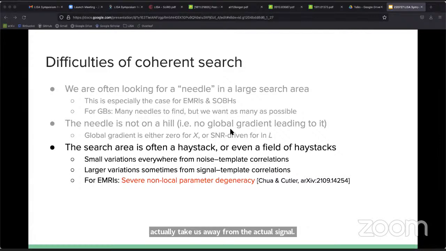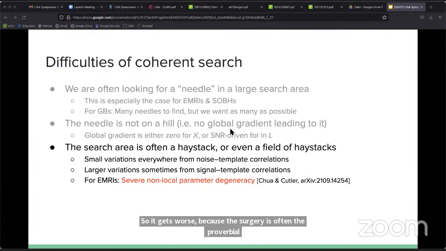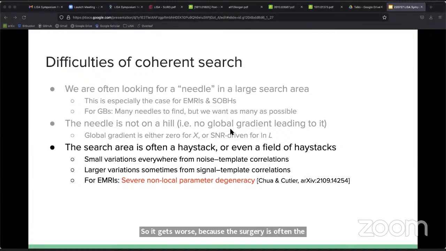So it gets worse because the search area is often the proverbial haystack or even a field of haystacks. And by this, I mean that there are many other regions in the model space that can look like signals as well to different extents. So these typically arise from two sources. One, there are the random correlations between detected noise and templates.